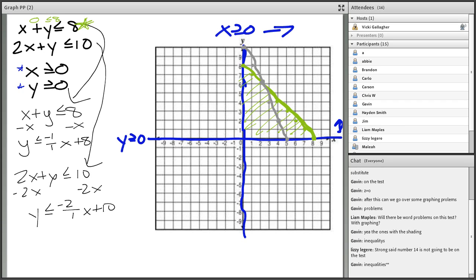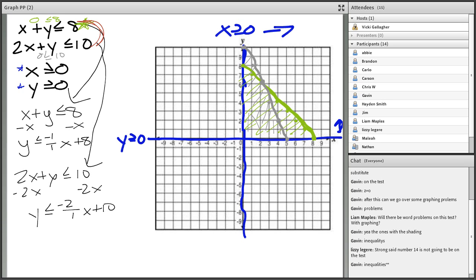And for this one, again, we get 0 is less than or equal to 10, and that's true. So this one also gets shaded towards the origin. What usually happens on these problems is that from these two inequalities, you'll end up with this four-sided shape. It's not a square or rectangle, but it definitely does have four sides.